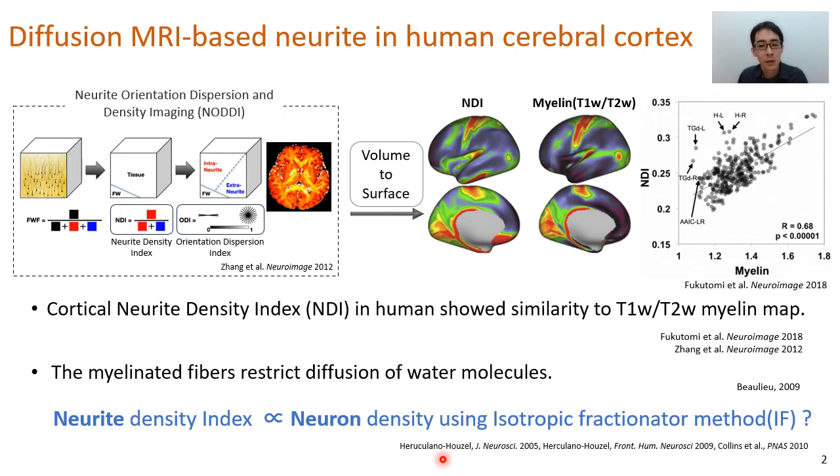As for histology data, Herculano-Houzel accumulated the cortical neuron density dataset in many mammalian species using a simplified but reliable quantification method, the isotropic fractionator, or IF.